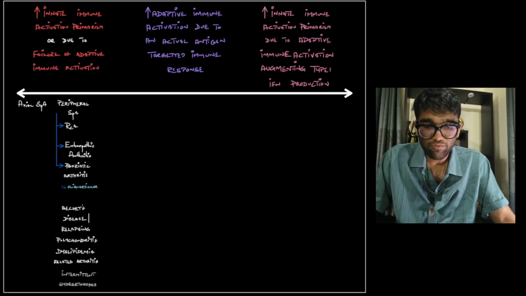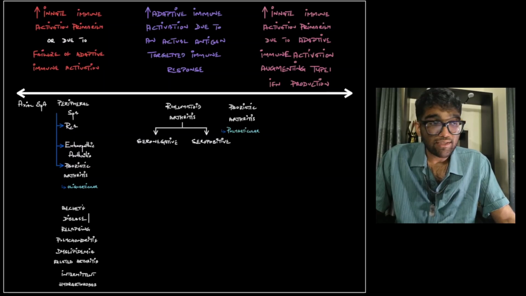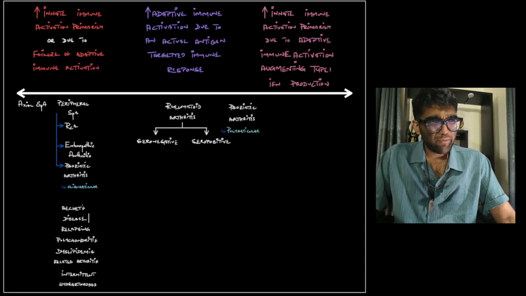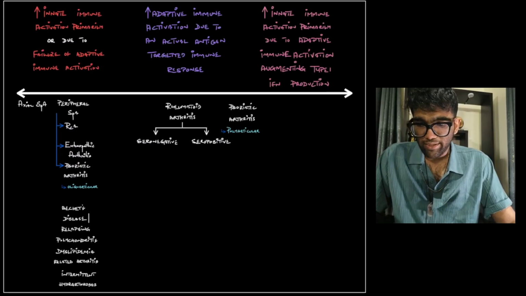So the prototype of this type of disorder being rheumatoid arthritis, which could again be seronegative or seropositive, and maybe even psoriatic arthritis, the polyarticular variant.